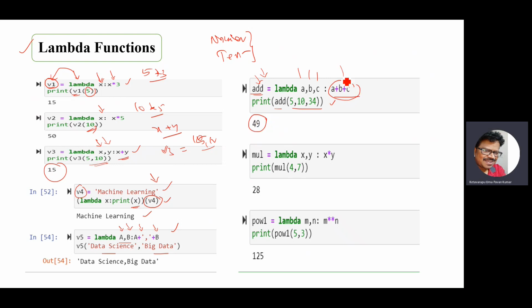Obviously, it is implementing the expression and finally the value will be stored in add. Now multiplication, two variables and corresponding expression. Now we are sending these two values. Now the power function. So just I'm taking the two arguments, m double star n, power 1 of 5 comma 3. Obviously, you will be getting the outcome.